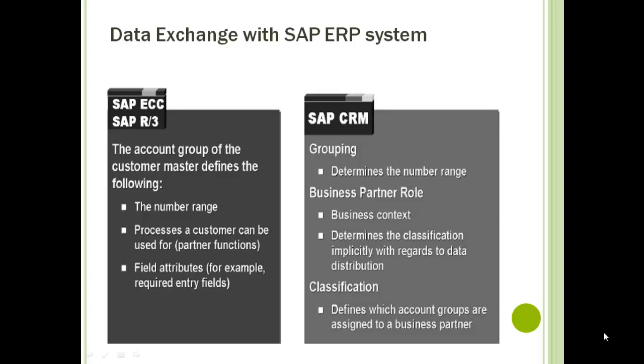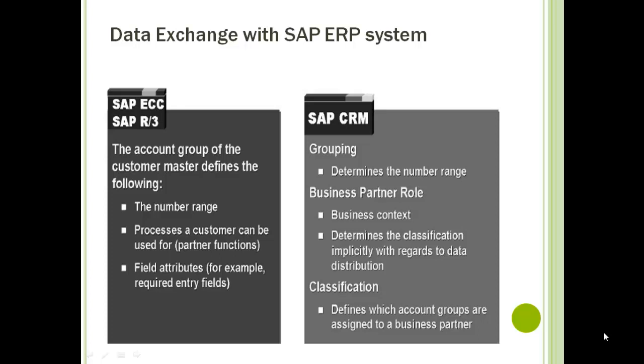The classification determines the mapping to the SAP ECC account group. As we know, the classification could be determined from the business partner role category. So a business partner role is assigned to a business partner role category that we've already learned in account management. Now, the classification is derived from this business partner role category.